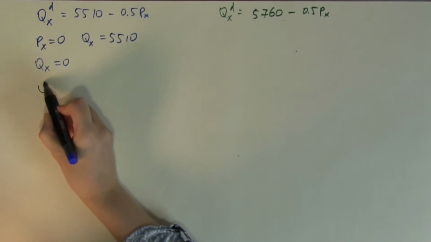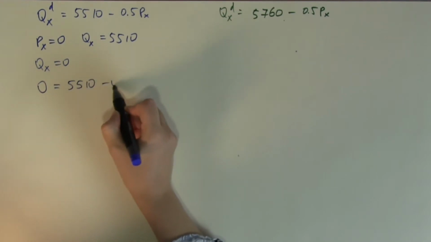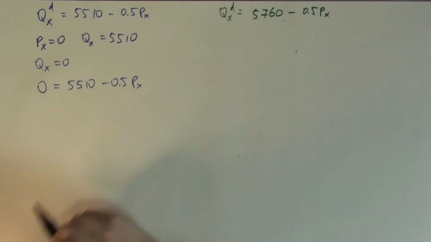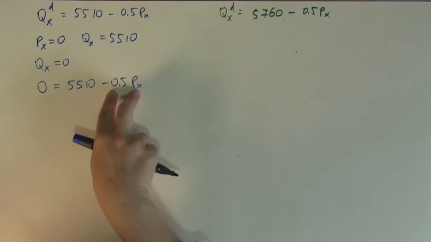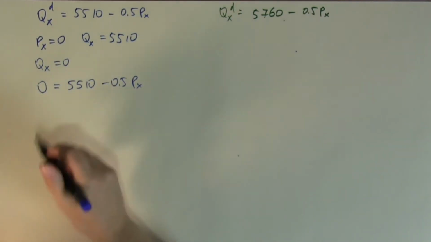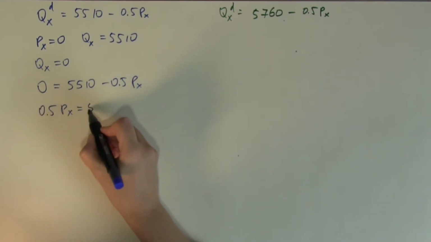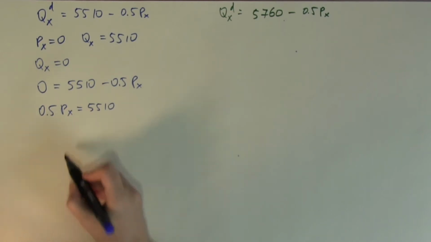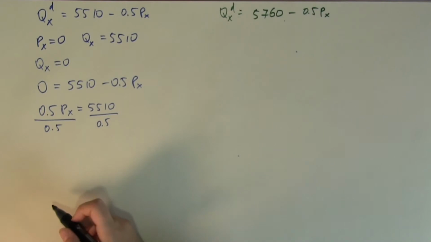Well, that would make the equation 0 equal 5,510 minus 0.5Px, and now I have to solve it. So what I need to do, I need to move the negative to the other side. So I would have positive 0.5Px being equal to 5,510. And now I need to divide by 0.5 on both sides.